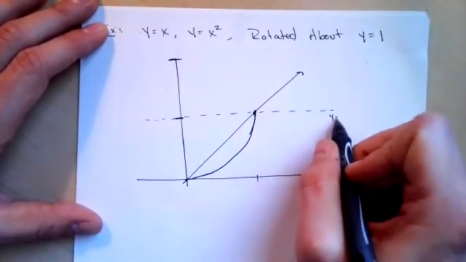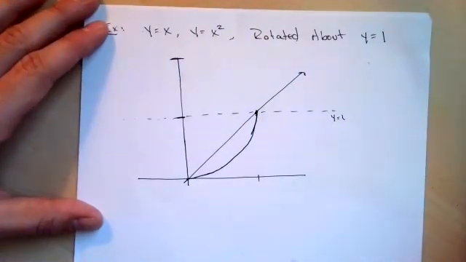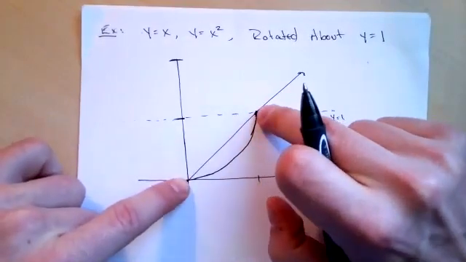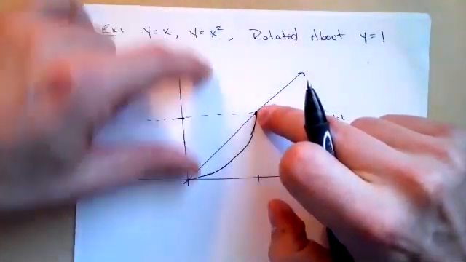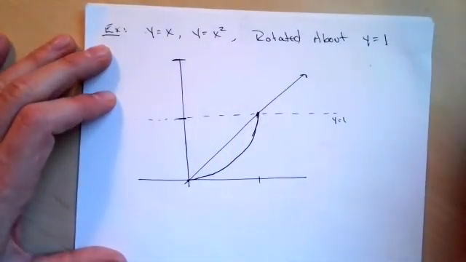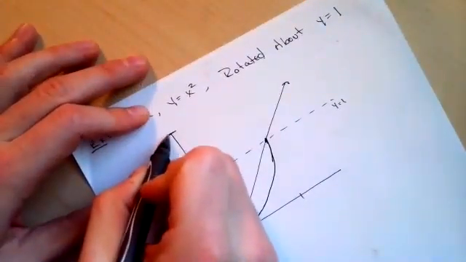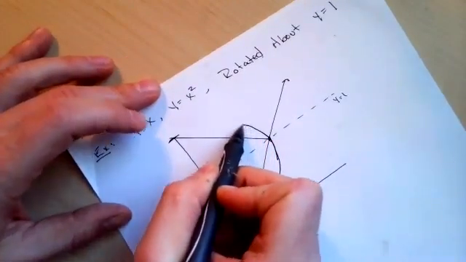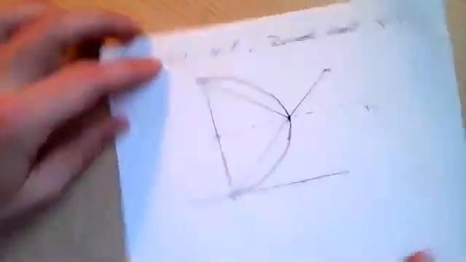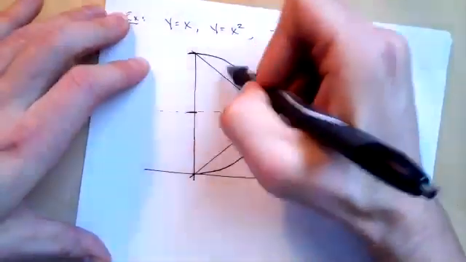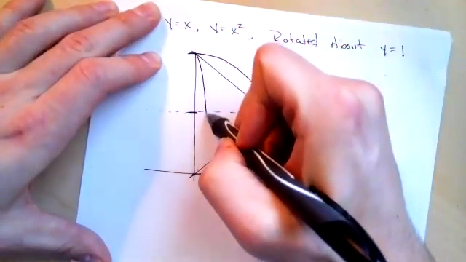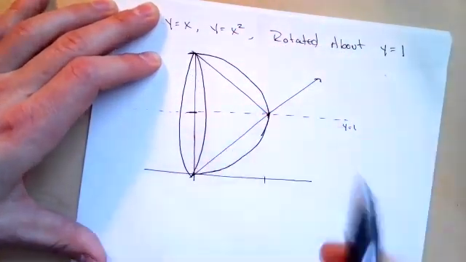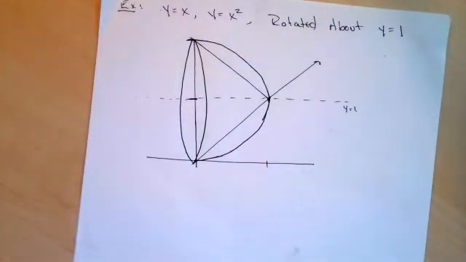So here's our y equals 1 line. That is our axis of rotation now, which means I'm taking this and it's going to pivot here and then rotate around this way. And so we're going to get a shape that looks like this, rotating about y equals 1.